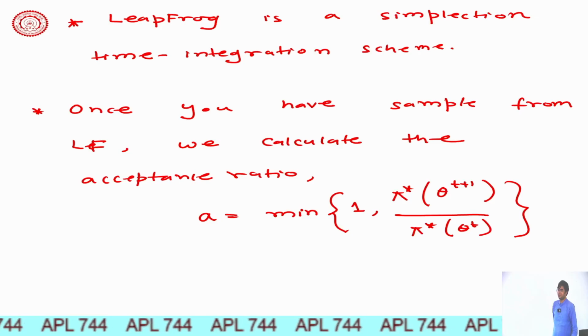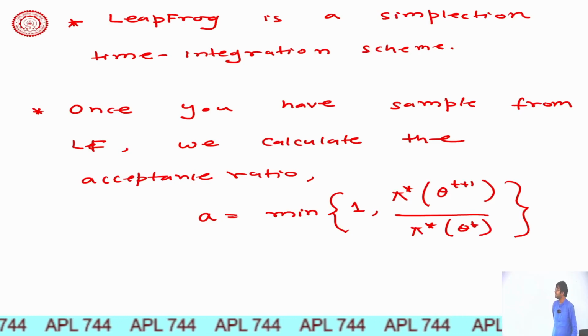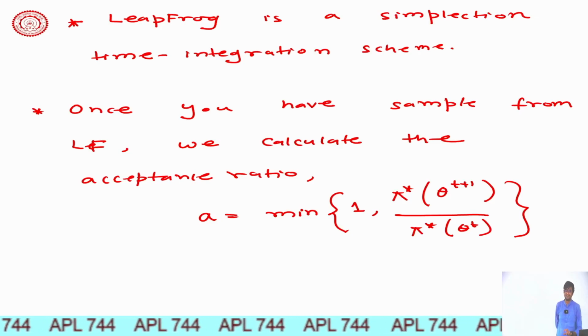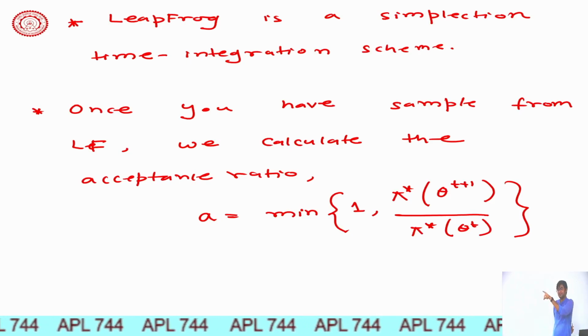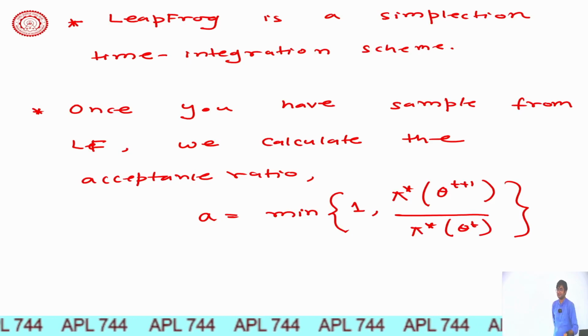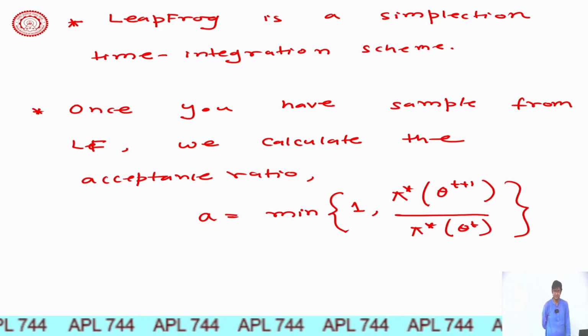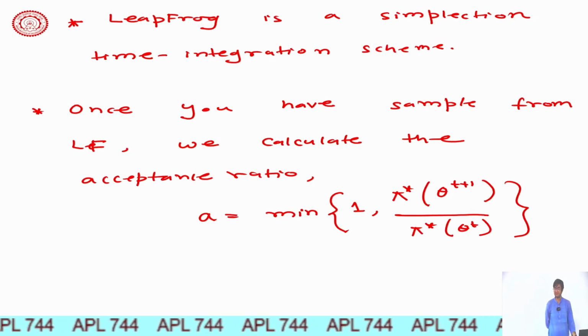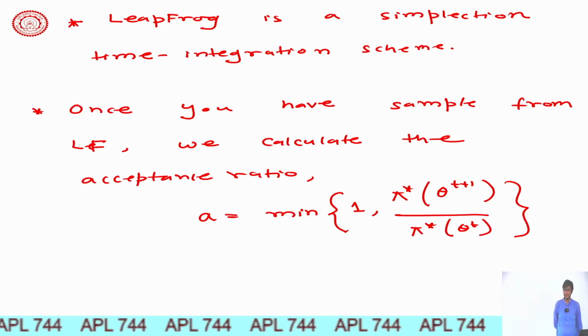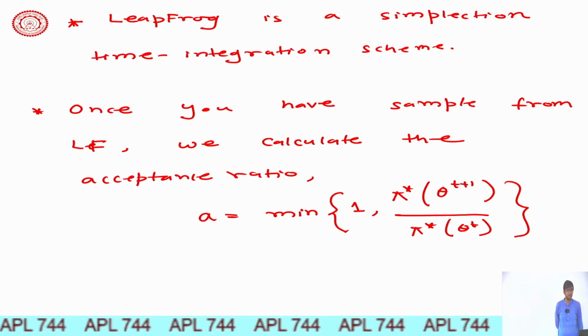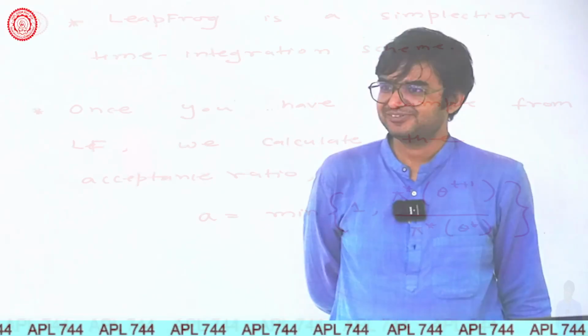We use the Metropolis ratio and we remove the Hastings part because it's time reversible. So as a result, if you can go from theta t to theta t plus 1, you can also go in the other way. And that is because of the leapfrog algorithm. Things will become very difficult if you don't use leapfrog, because then it will be 1 by 0 or 0 by 1, which means there is nothing to accept or everything to accept.